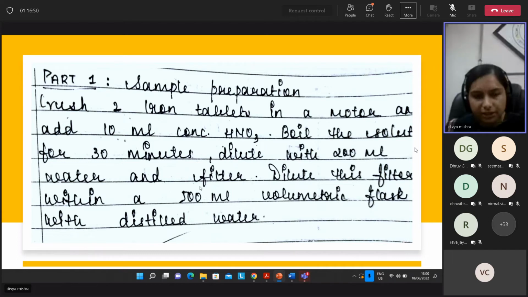If it is clear, then we need not filter, but if it is not clear, then we need to filter this solution. Then this filtered solution is diluted up to 500 ml using a volumetric flask, and for this we will use distilled water.